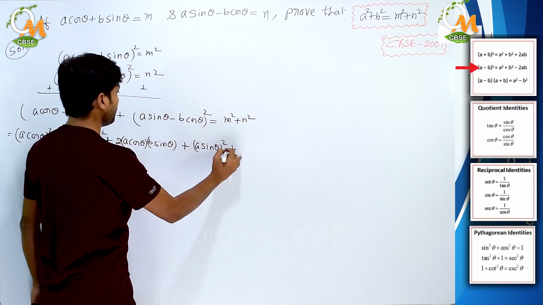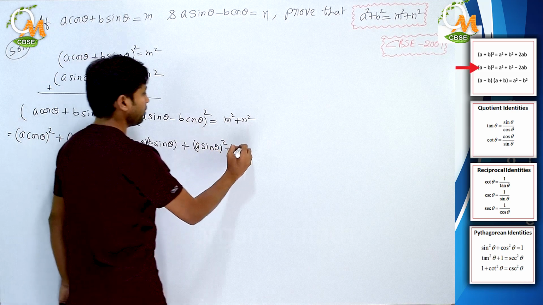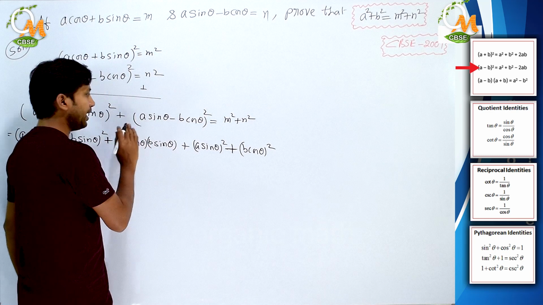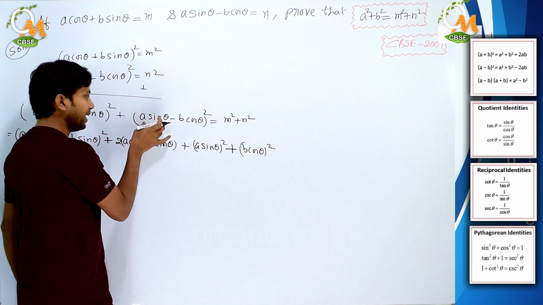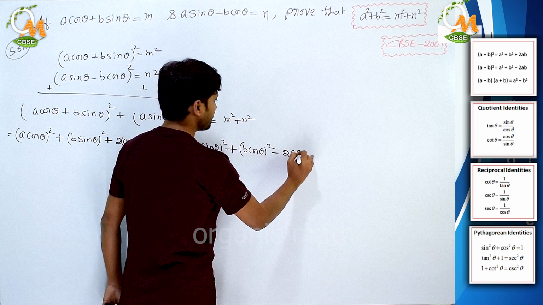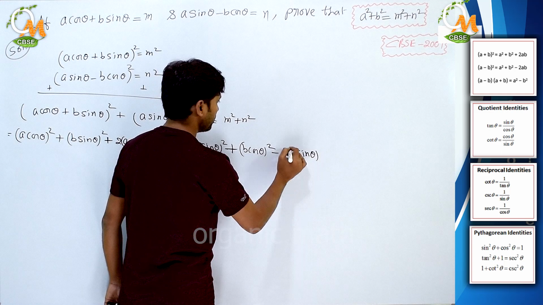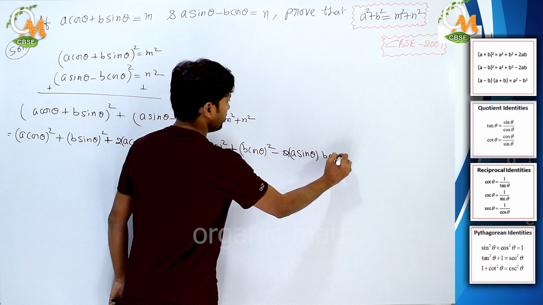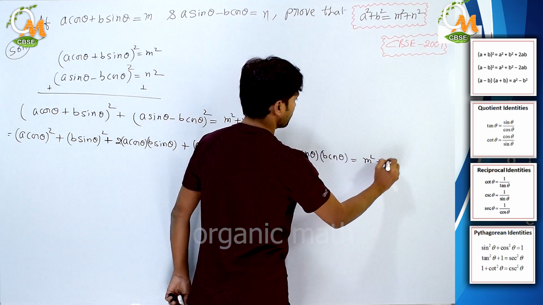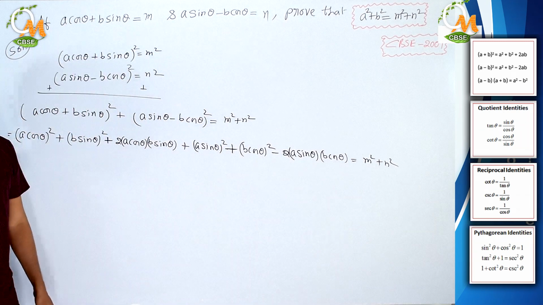Plus b square, which is b cos theta whole square, minus 2ab, so minus 2a sin theta b cos theta, equal to m square plus n square. Like this we got.